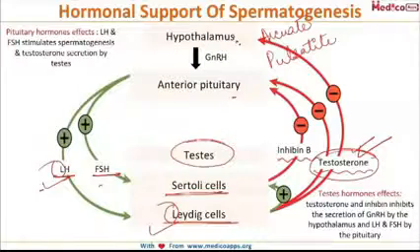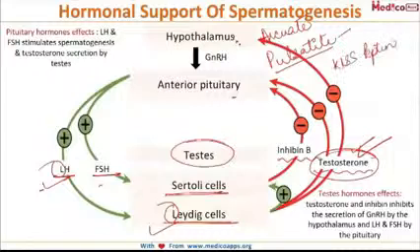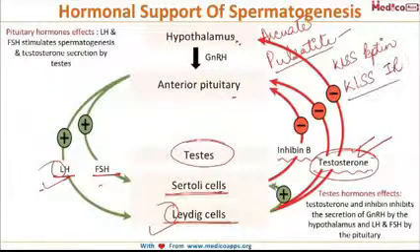Now a few words about the pulsatility of GnRH. What is the transmitter involved in the pulsatility of GnRH? It is kisspeptin. And what is the receptor involved? It is the KISS-1R receptor.